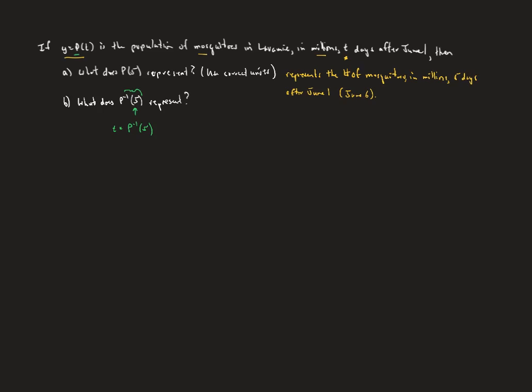So this P inverse of 5 represents the t value, the number of days after June 1st, when the mosquito population reaches 5 million. These are head scratchers. You have to think about this a little bit.